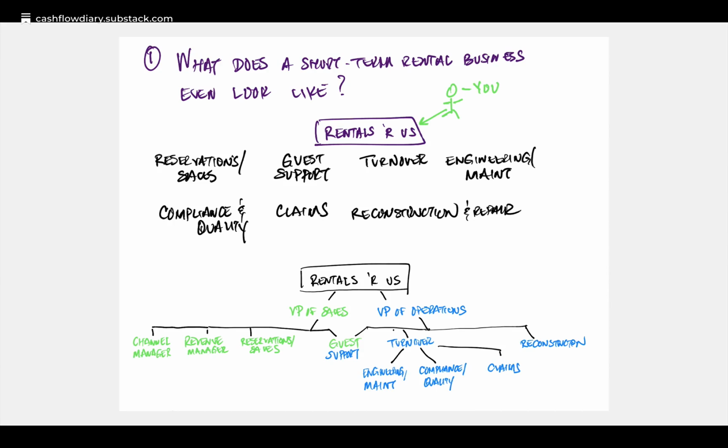Then, as you can see, you've got your turnover crew. So the turnover crew is exactly that. They're the cleaning crew, would probably be a name you're more familiar with, but they're going to be under the operations, but they're going to be that first person that comes in after the guest has departed.